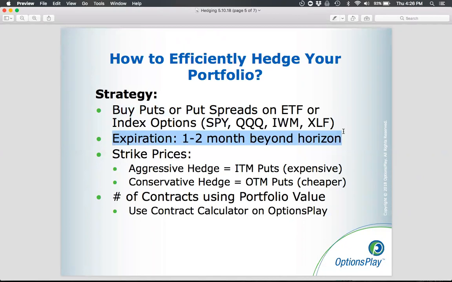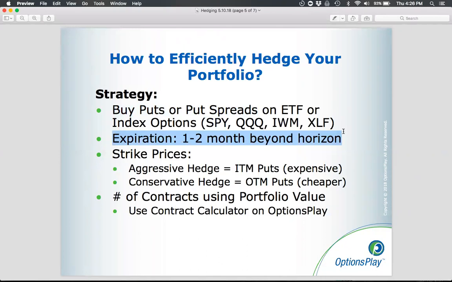Number two, the longer you go out, the less time value is working against you, because time value erodes faster as you get closer to expiration. So when you trade a longer dated option, the effect of time decay working against you is mitigated a little.